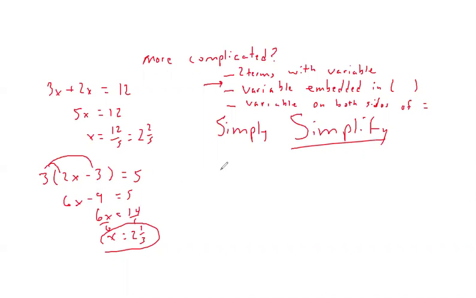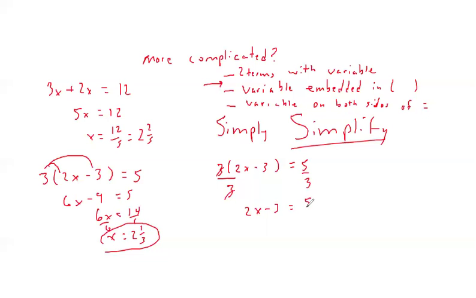Now, this brings up a good point, and that point is this. Why not divide the 3 out right away? Why not take that 3 and divide it out? Then we're going to get 2x minus 3, because this 3 canceled this 3.